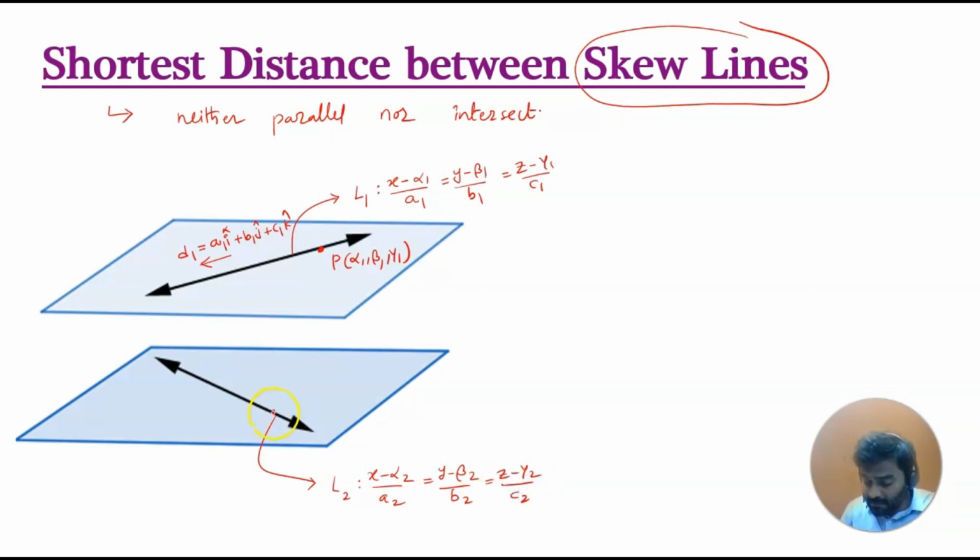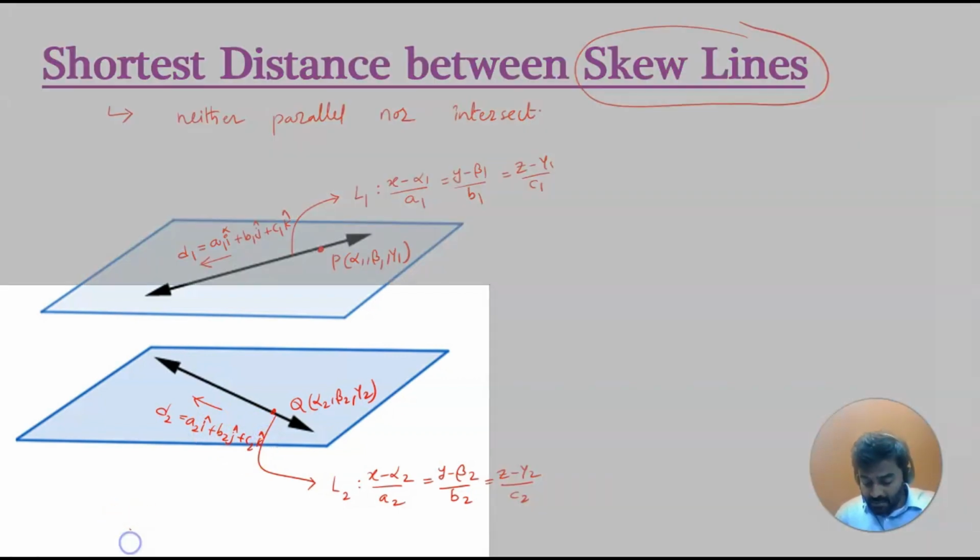It means the line is passing through the point Q (alpha 2, beta 2, gamma 2), and having the directional vector d2, which is a2 i cap plus b2 j cap plus c2 k cap. Now we need to find the shortest distance between these two lines.